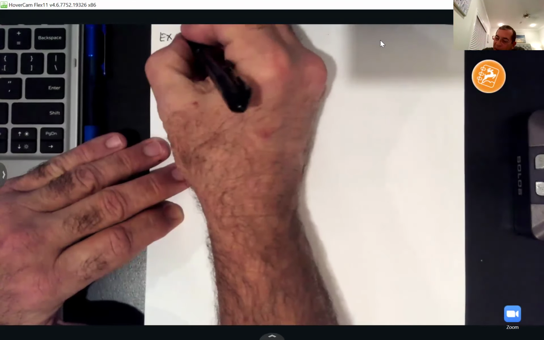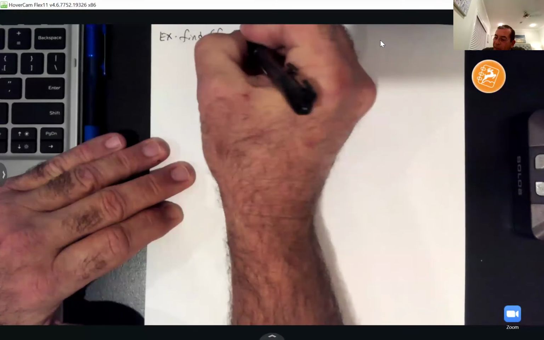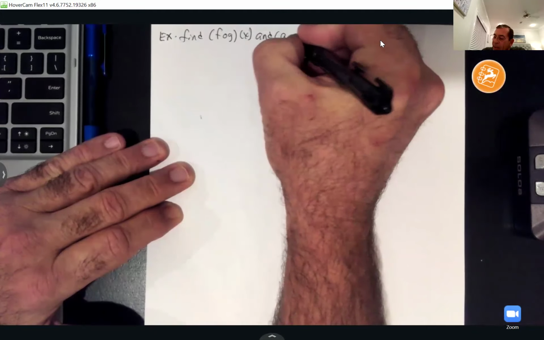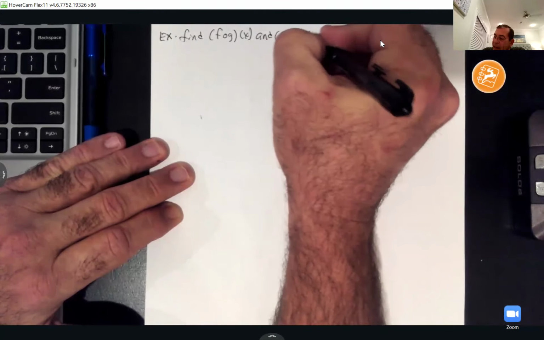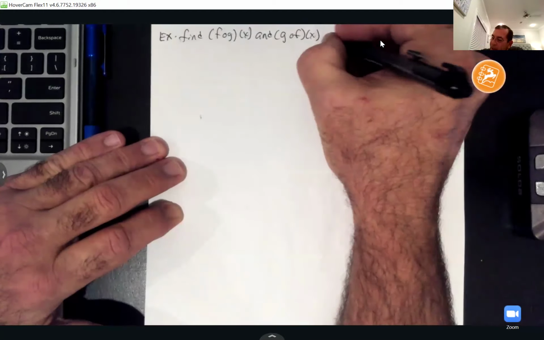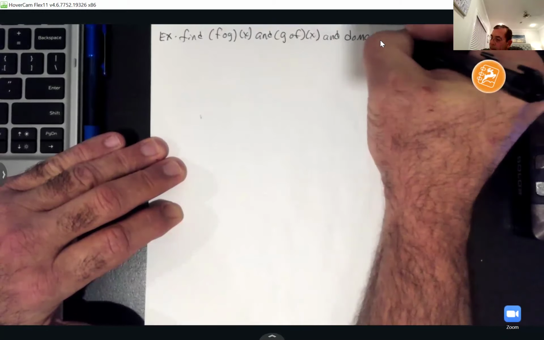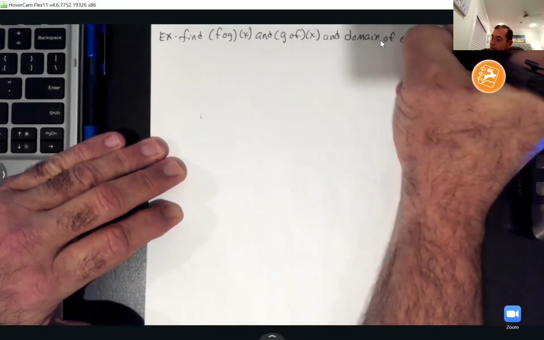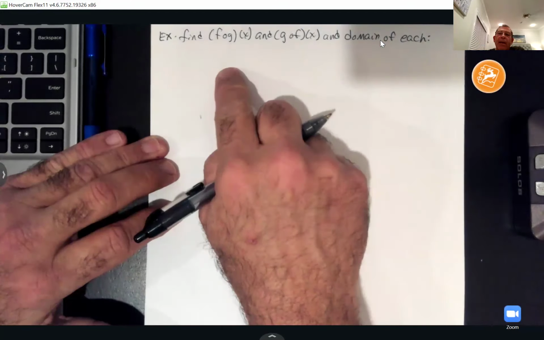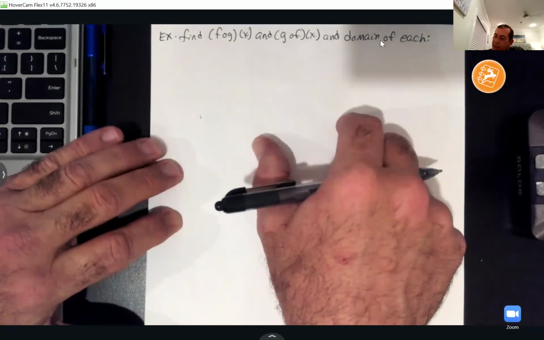They want us to find f compose g of x and g compose f of x and the domain of each. So first we'll find f of g, then we'll do g of f, and then we'll look at the domains of those, okay?